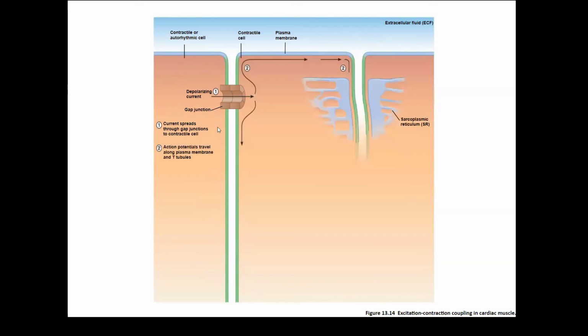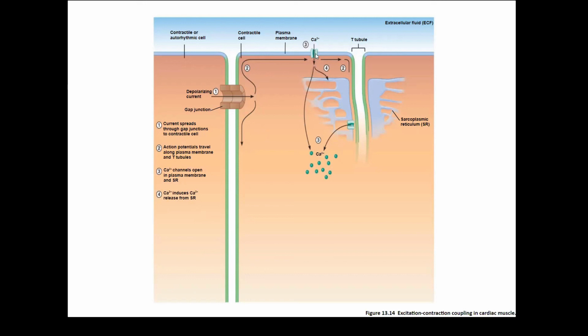When we're talking about how this links up with the actual contraction of that cell, you're going to see that this action potential is traveling along the plasma membrane, down those T-tubules, just like it did in our skeletal muscle. This is going to trigger calcium to come out of the sarcoplasmic reticulum into the cytosol.